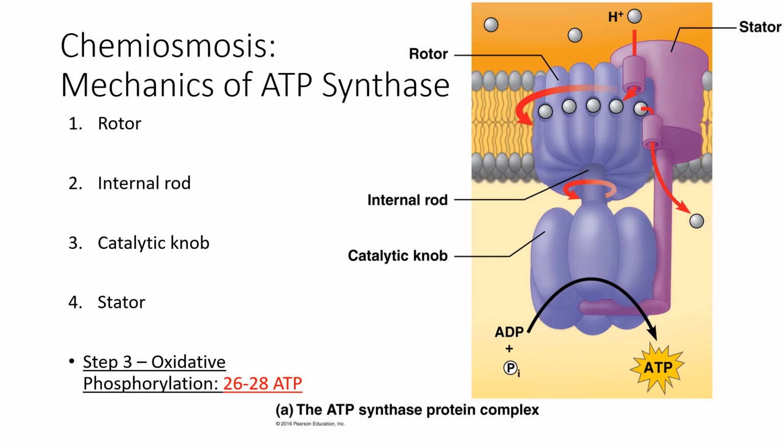So in the end, oxidative phosphorylation, this very last step, is going to create somewhere around 26 to 28 ATP. And we'll talk about why there's a range coming up here soon.